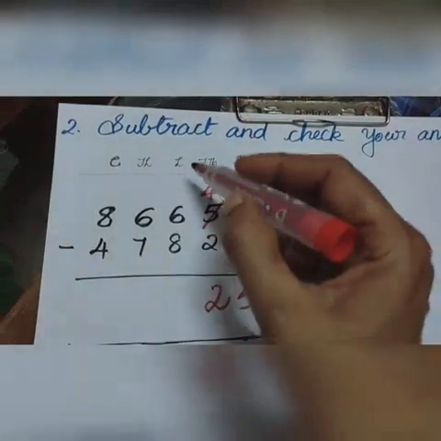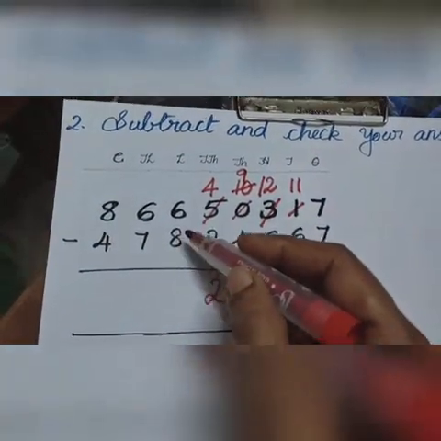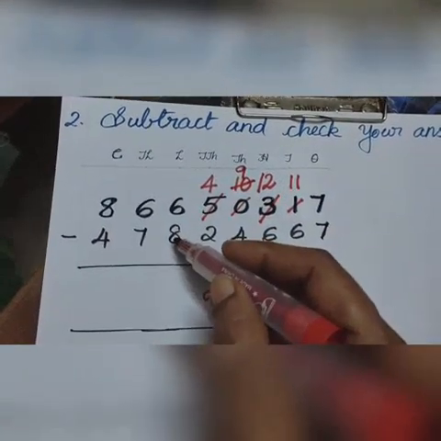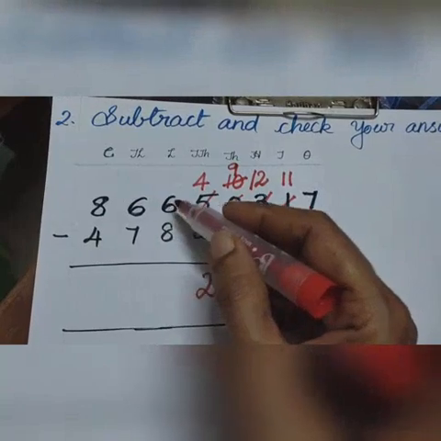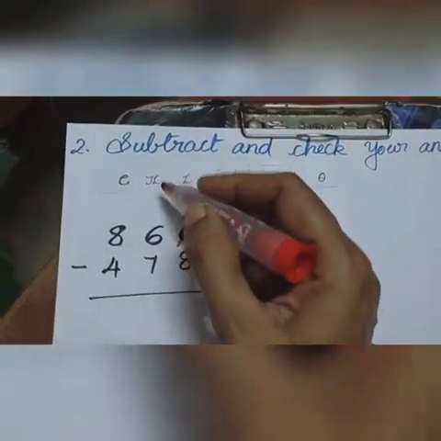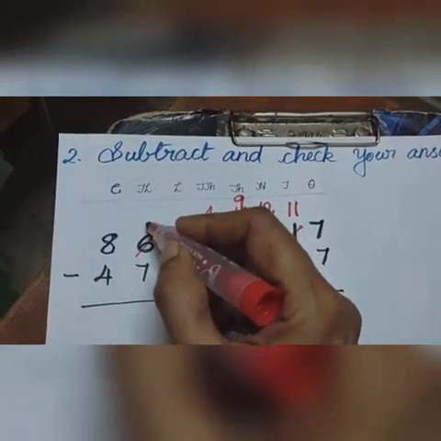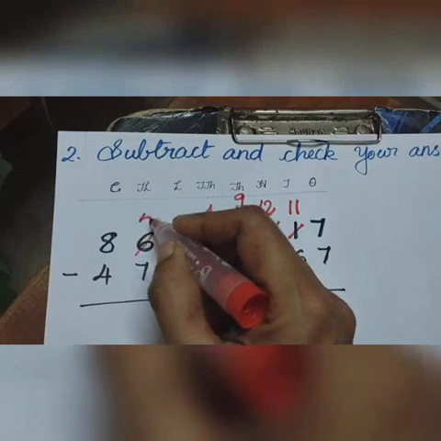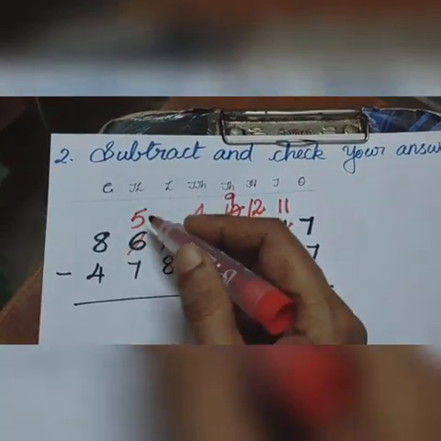Okay. So now in lakhs place 6 minus 8. Is it possible? 6 minus 8. We cannot subtract, is it not? Because the smaller number is on the top. So we have to borrow from 10 lakhs place. There 6 is there. So from 6 we can take 1. So 1 left means there 5.